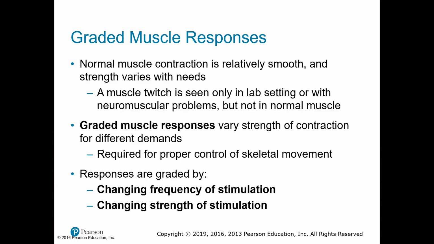When we get into the nervous system, we're going to see that intensity of a stimulus isn't based on a change in the action potential. Intensity of a stimulus is based on the frequency of the action potentials coming from the sensory receptor. That's frequency of stimulation.